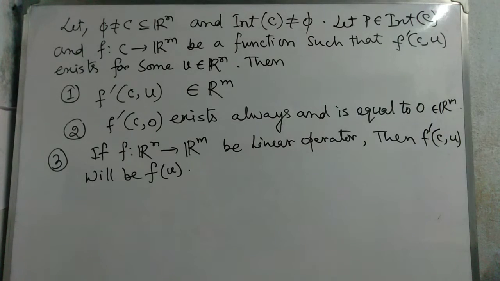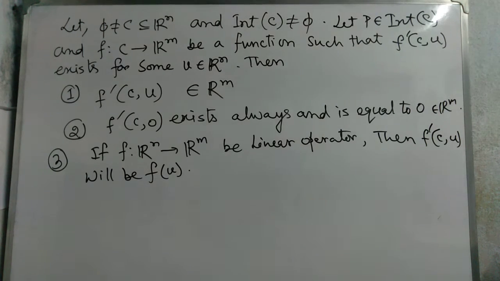So we also discussed last time about f dash(c, u), and obviously we know f dash(c, 0) exists always and is equal to 0, because the direction is 0, f(c) minus f(c), so this one is 0.